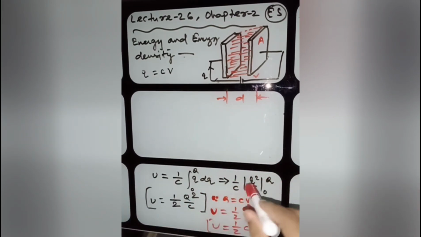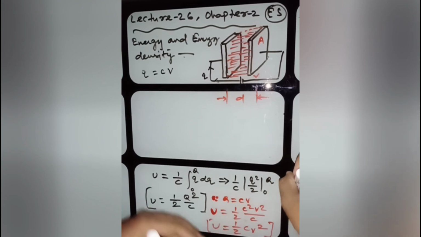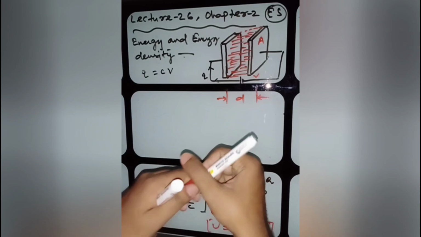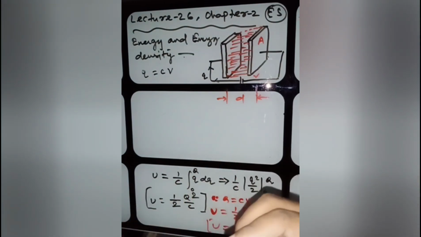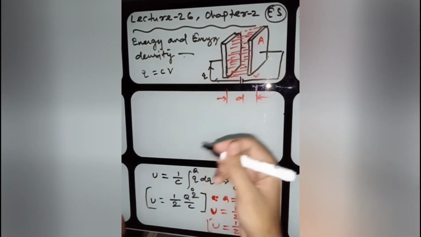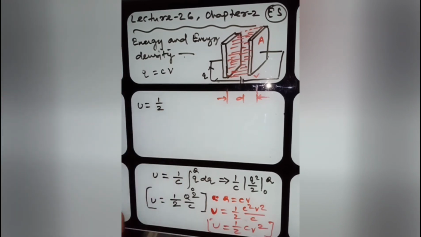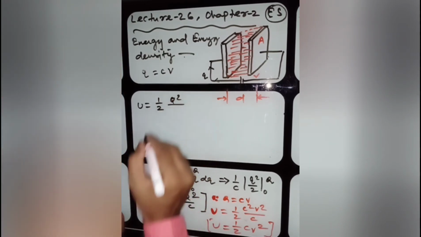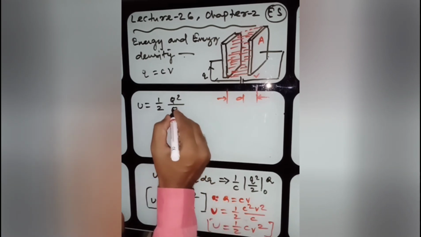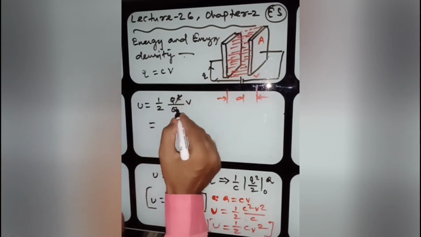Yes, you can change it by replacing C as Q over V. So U can be written as half Q square over C, and C can be written as Q over V. With Q over V, the V goes up and Q will be cancelled out.